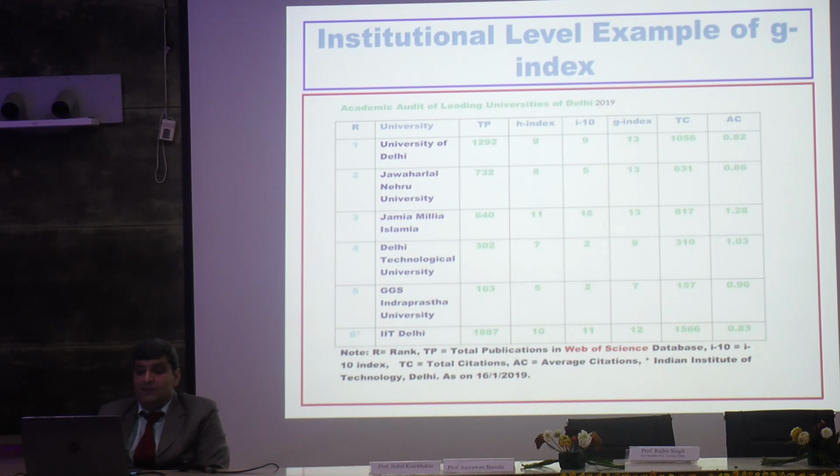We have such perceptions without using these indicators, but these indicators also support these perceptions. If we count the yearly publications for 2019, with TP for total publications, then this is highest for University of Delhi, then Jawaharlal Nehru University, Jamia Millia University, Delhi Technological University, Indraprastha University. This is a comparison of universities using the number of publications.